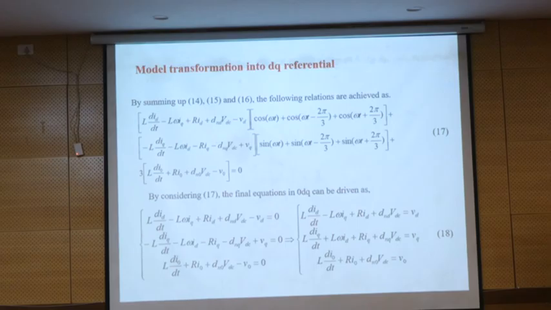Then we have this parameter. Because we are in the d-axis but also have a q component, we call this the coupling term, and we have this coupling term too. They make noise for the other system.